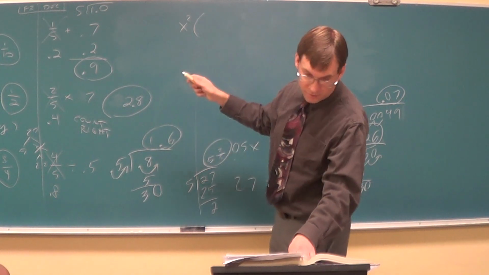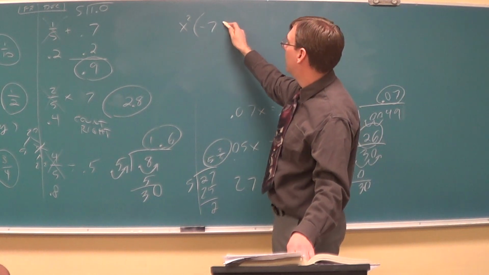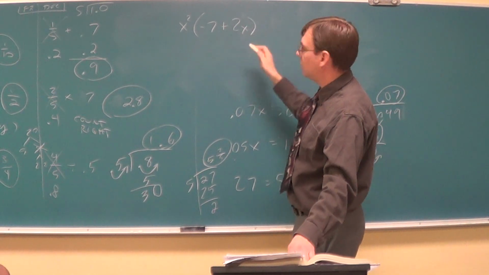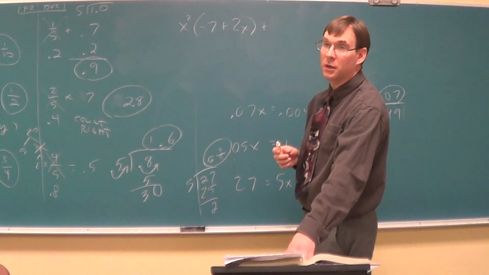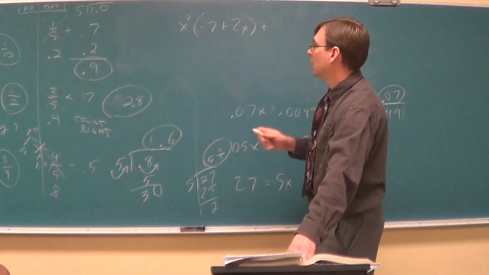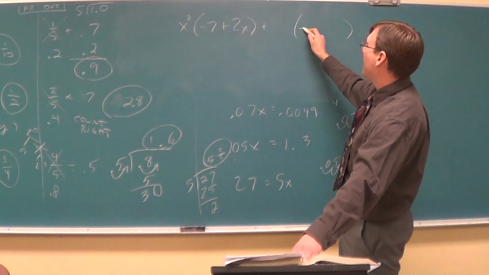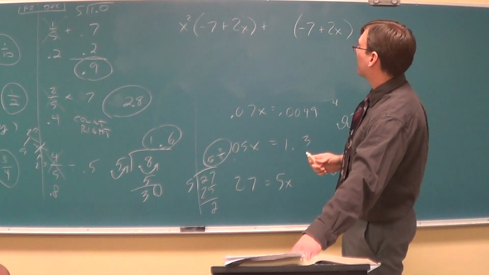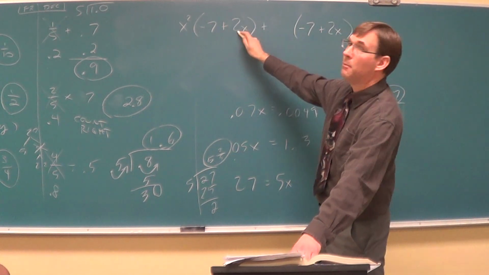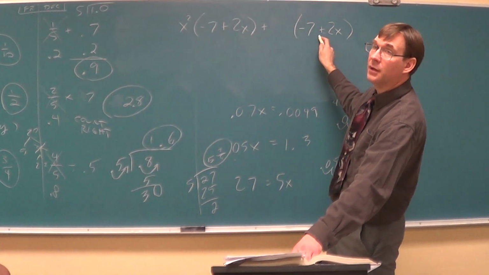So if we take off the x squared, it would have a negative 7 and a 2x. Are you okay with that? Okay. So when we take on the back 2, we need to have a negative 7 and a positive 2x again. We need these to match. If these don't match, you're done. Do you understand that idea?